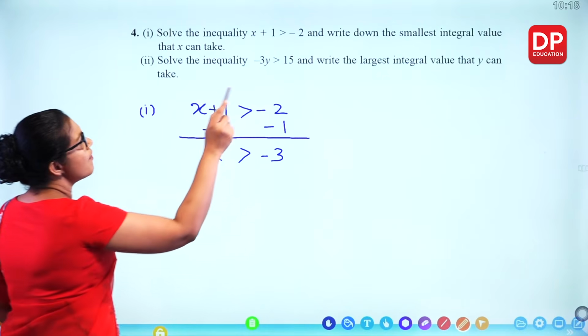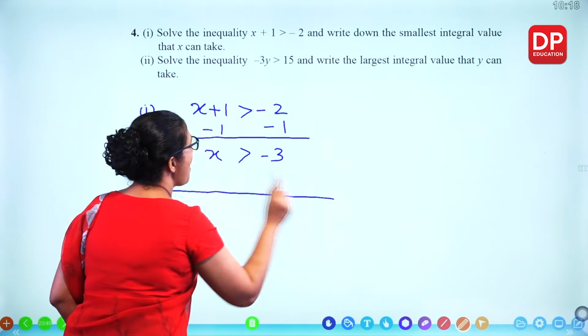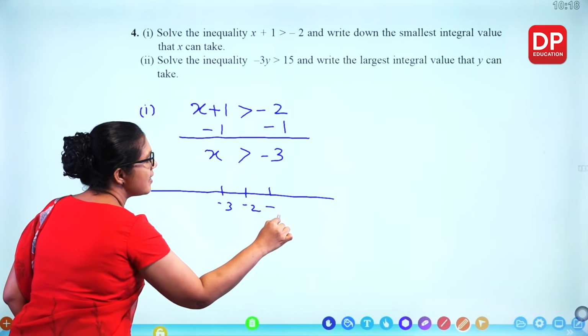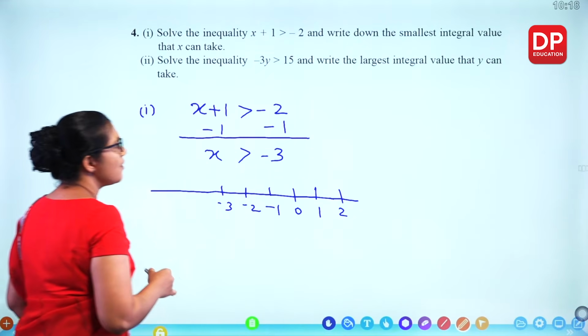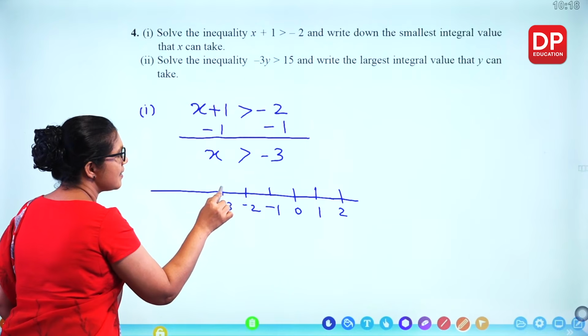So here write down the smallest integral value. Now if you take the number line, here you can write down which integral values satisfy this one. Minus 3 is not included, so you don't take that.